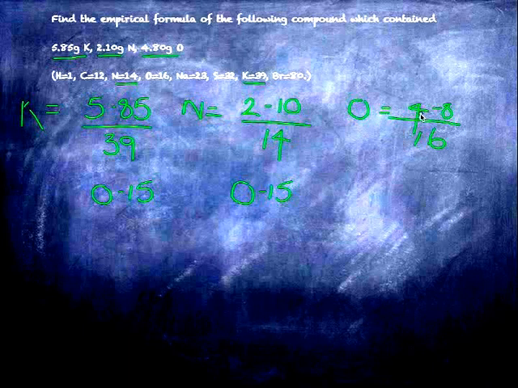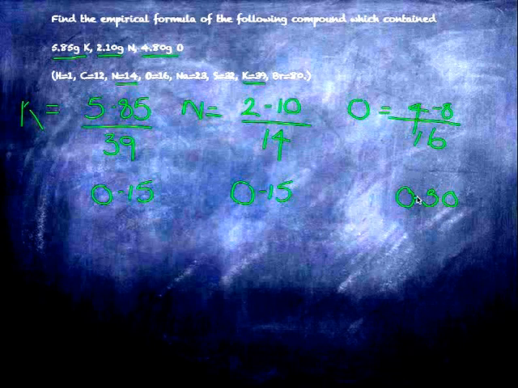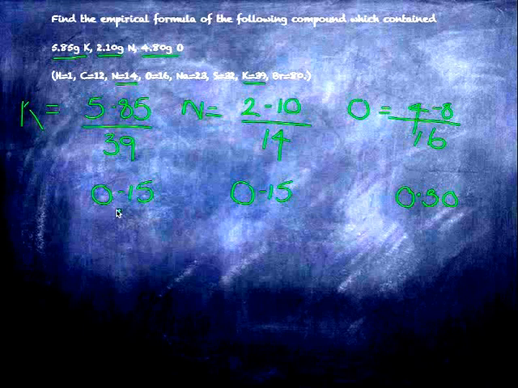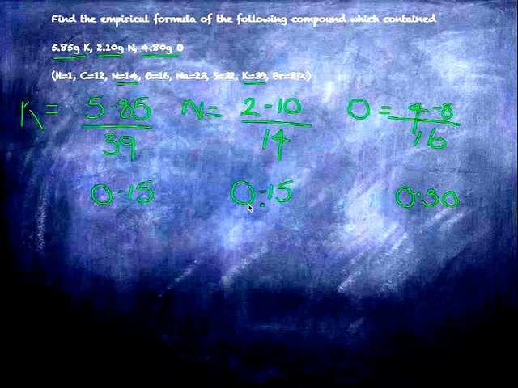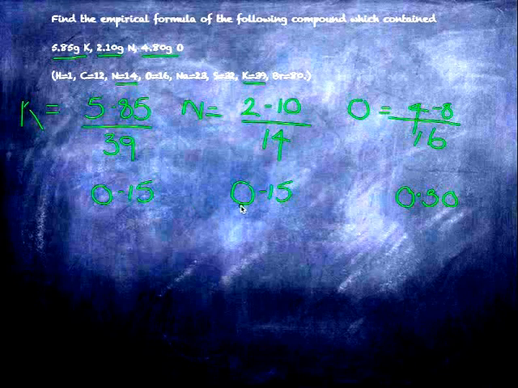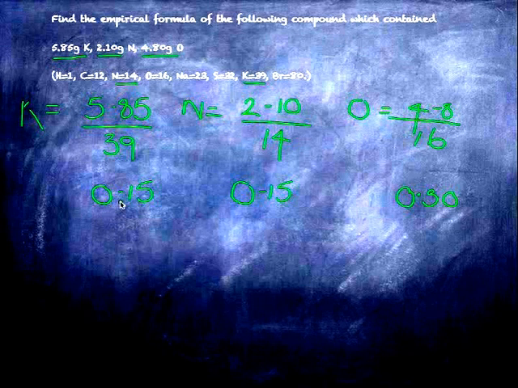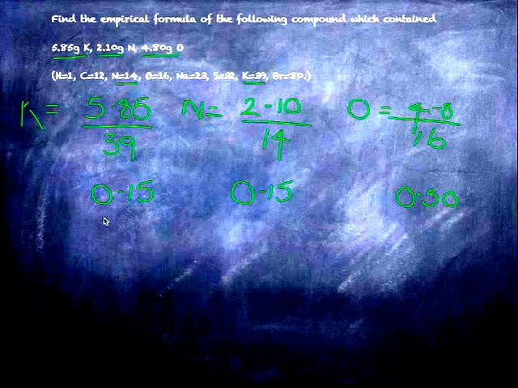We do the same for oxygen, 4.8 divided by 16, and that works out at 0.30. Okay, now, this is where you get stressed and you think, oh, what am I supposed to do with these fractions of a number here? Well, the rule is that whenever we're working with empirical formula, what we want to do is work out what the ratio is for these three numbers.